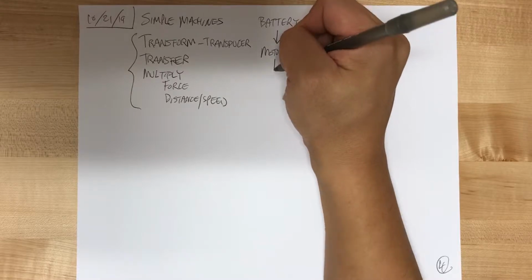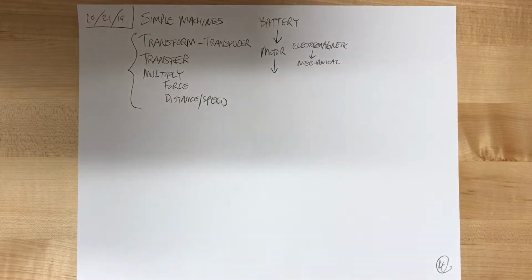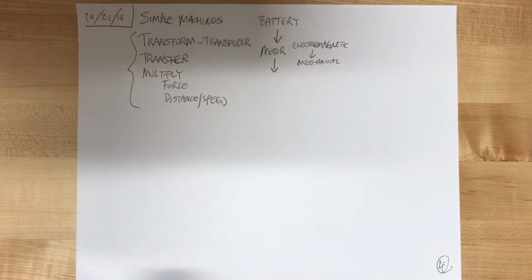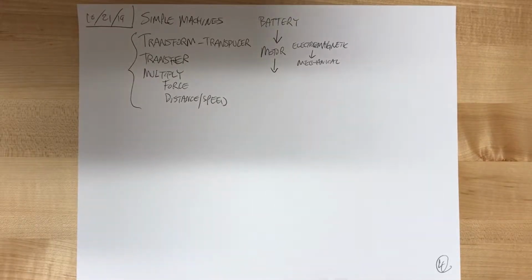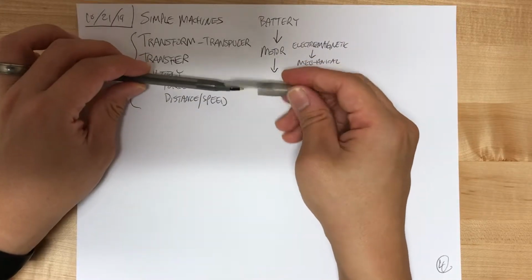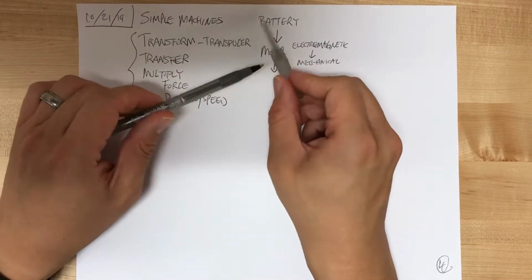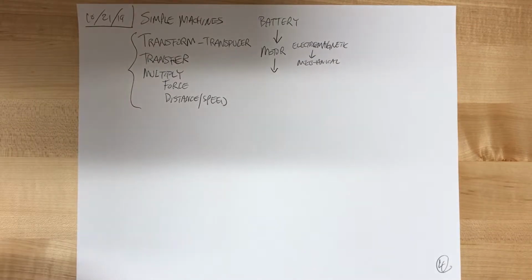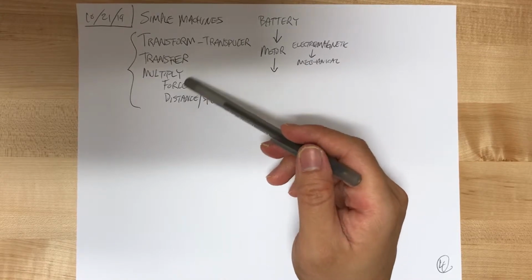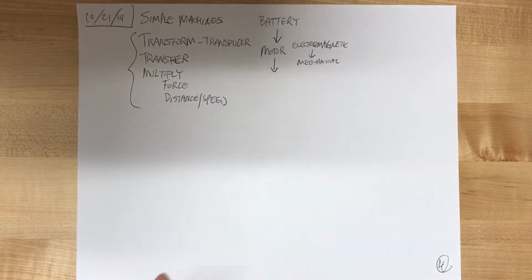This motor could do a whole bunch of different things. You could transfer motion or forces. So this probably would be done well with Legos, but you can imagine two different axles spinning, maybe in different directions. You can transfer energy. You can also multiply, gain either a greater force or a distance / speed.